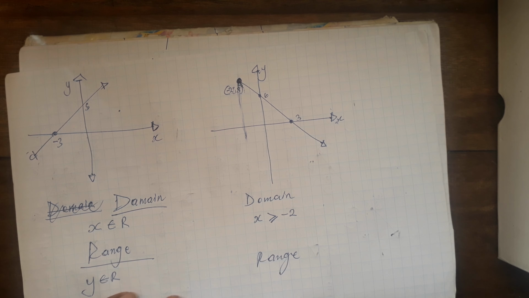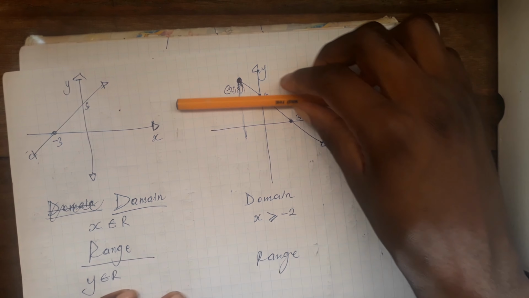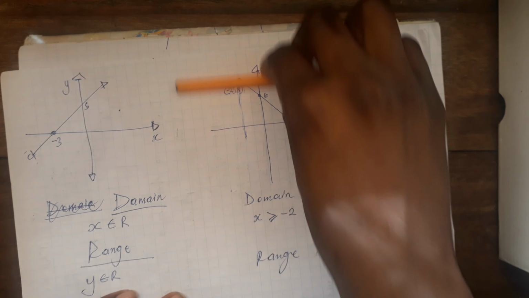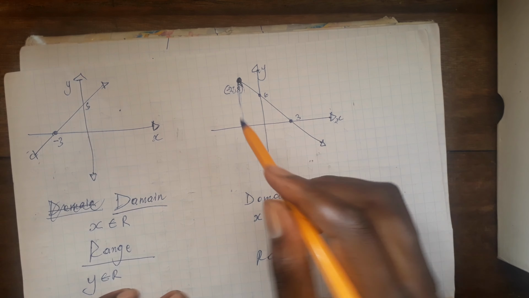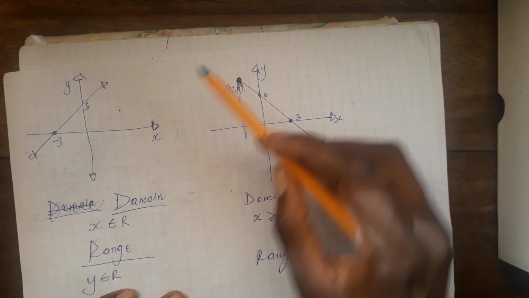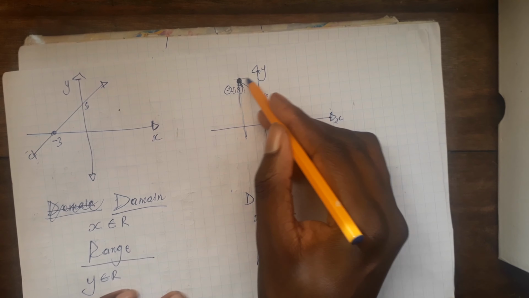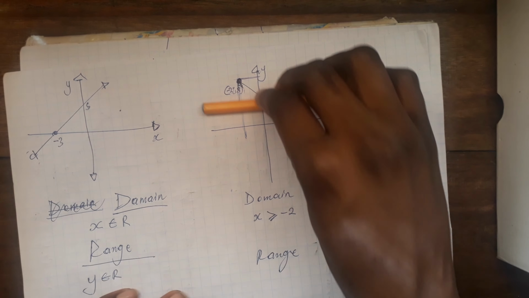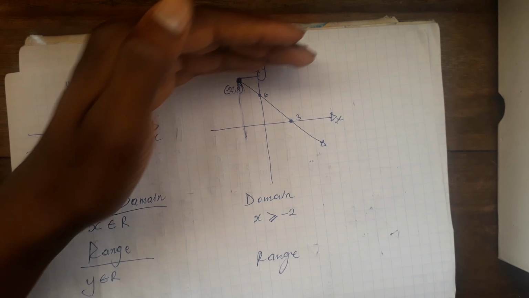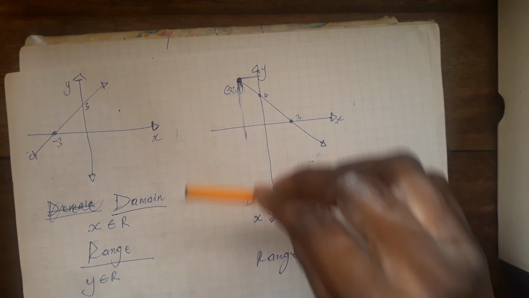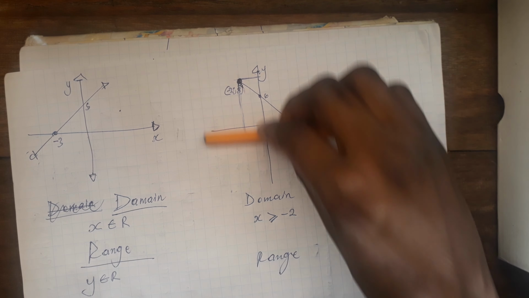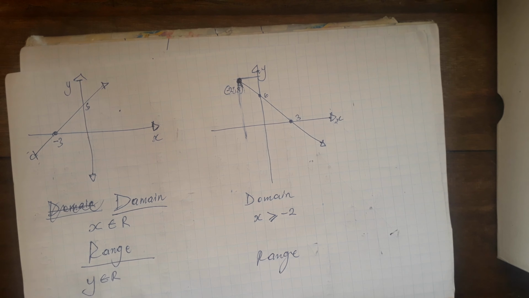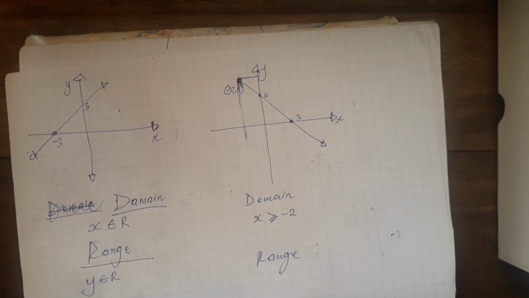What about the range? Looking at the y-axis vertically, when you look at this function from this point, which is 8, going up, the function is not defined. The function is only defined from this point going down, meaning that we are going to say less, because when it's below we say less, when it's above we say greater.